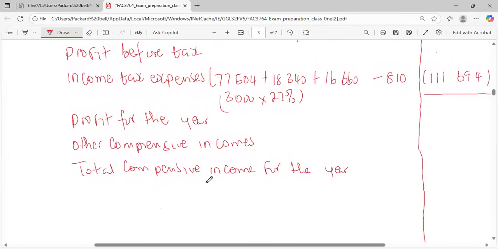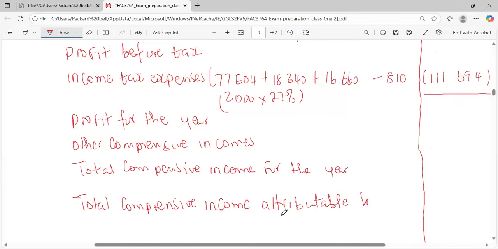So after total comprehensive income, we're going to have total comprehensive income attributable to, who we attribute it to: owners of the parent, and who else?